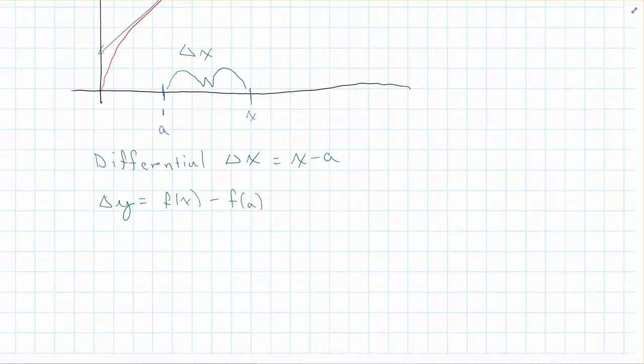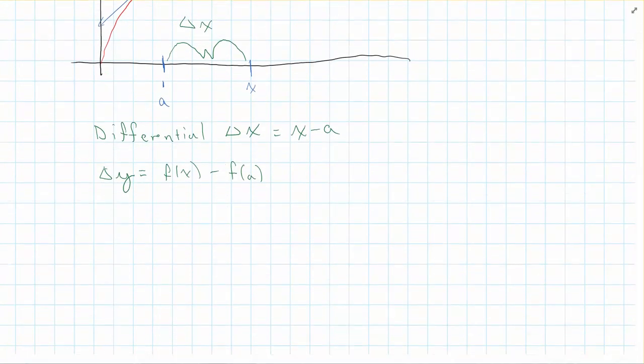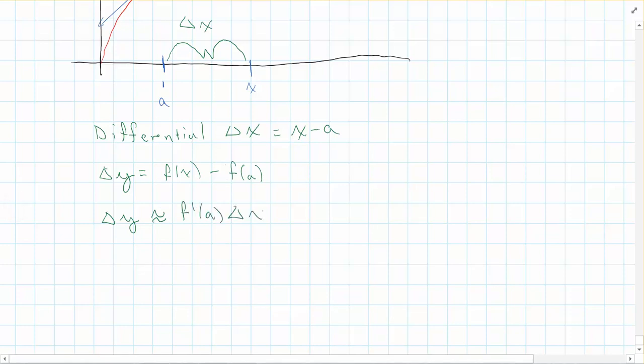Now, to make a long story short, I'm doing a poor job explaining this right now. We say this differential delta y is approximately equal to f prime at a delta x.